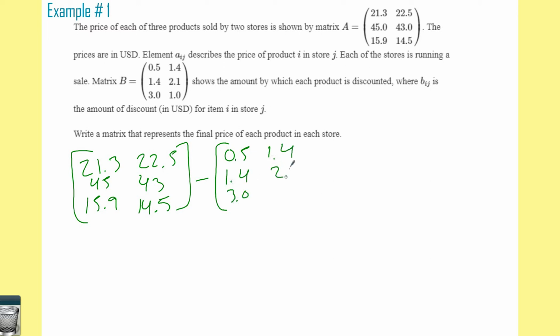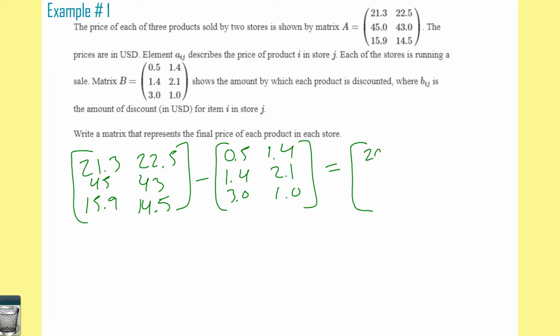When it comes to addition or subtraction of matrices, you can subtract the elements as long as they line up. What I mean by that is that this is 3 rows by 2 columns, so we can subtract 3 rows by 2 columns. It has to have the same order. So we subtract those, we get a new matrix.